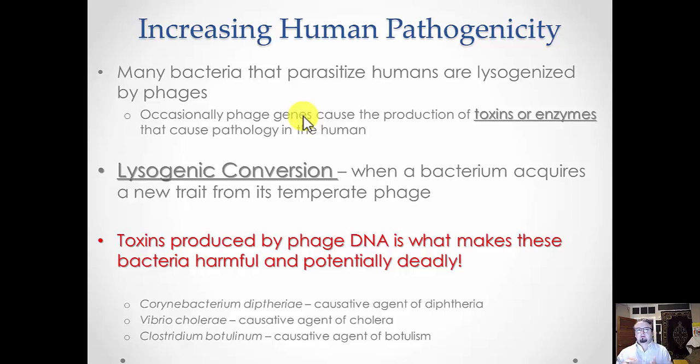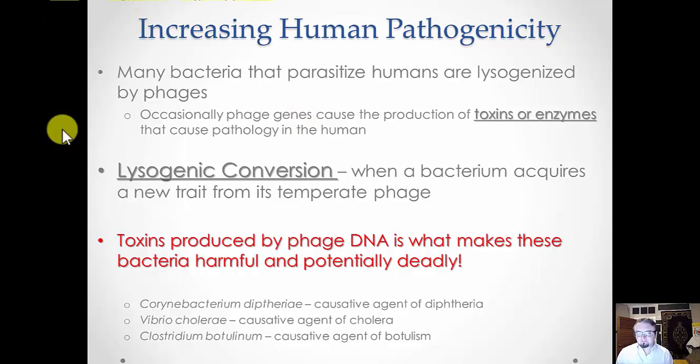So lysogeny can mutate the bacteria, causing changes, and every once in a while that change makes the bacteria more harmful. The infection by a virus changes the characteristic and can make the bacteria more harmful. It can certainly do other things, but this is when we tend to take notice as scientists, as people studying this. We tend to focus on the impacts to human health, and this is one of the areas that they're looking at here.